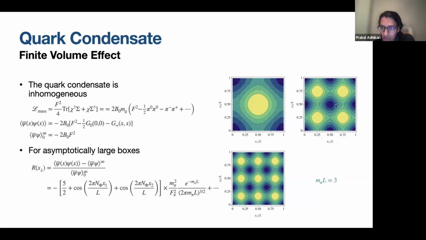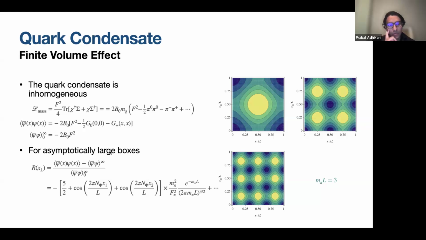In the n phi equals 2, the second flux case, there is greater repetition. And then for n phi equals, maybe this is, yeah, I don't remember now which one this is, but nevertheless, as you increase n phi, you notice that the translational symmetry breaking is slightly different, and this is manifested in the finite volume quark condensate.